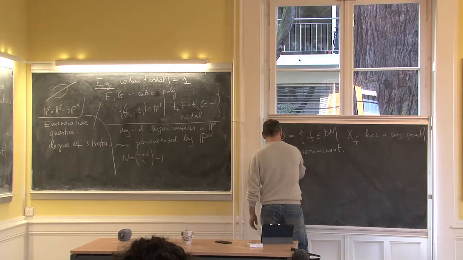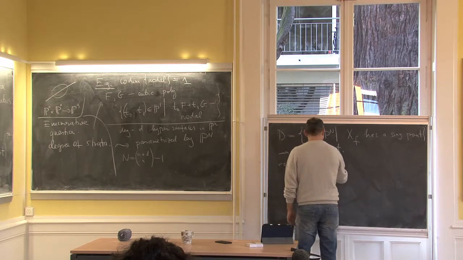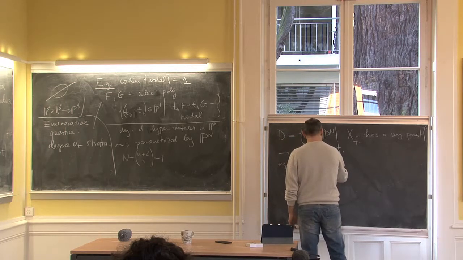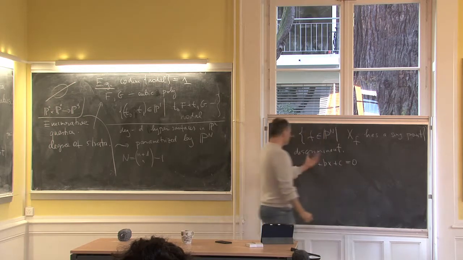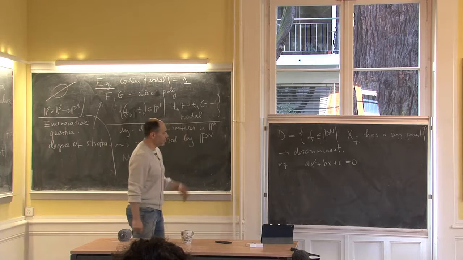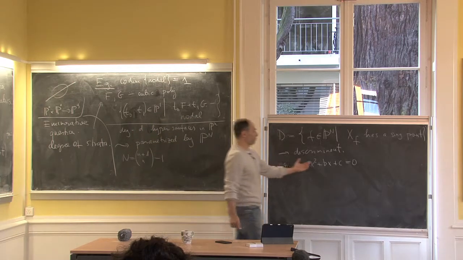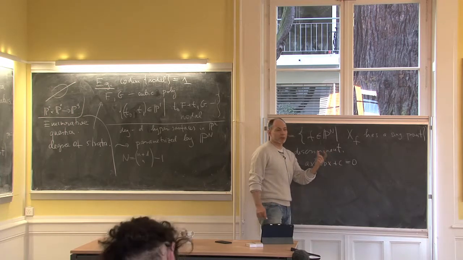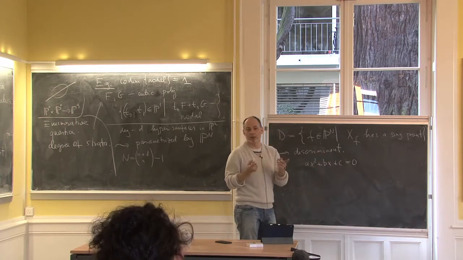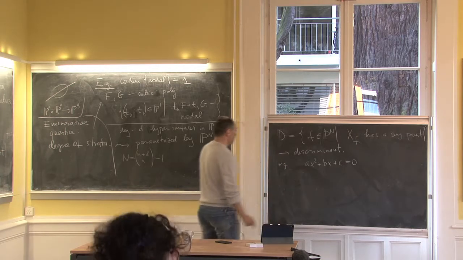So then you look at the situation ax squared plus bx plus c equals 0. And you're looking for combinations A, B, C such that this is singular. And of course, this is just a finite scheme of 2 points. So of course, it's singular precisely when the two roots coincide.